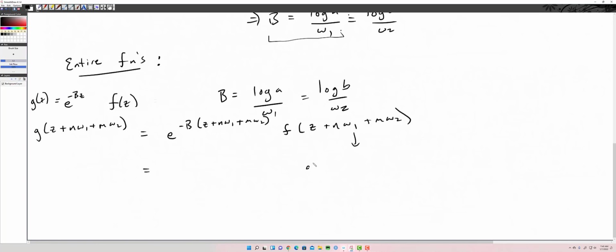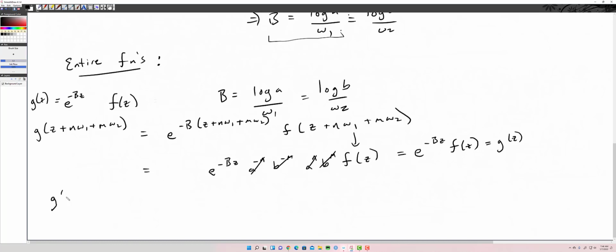I get little a to the n, little b to the m, f of z. Holding capital B to be this definition, what I get over here is e to the minus bz, little a to the minus n, little b to the minus m. These cancel, and I get e to the minus bz f of z, which is in fact g of z.